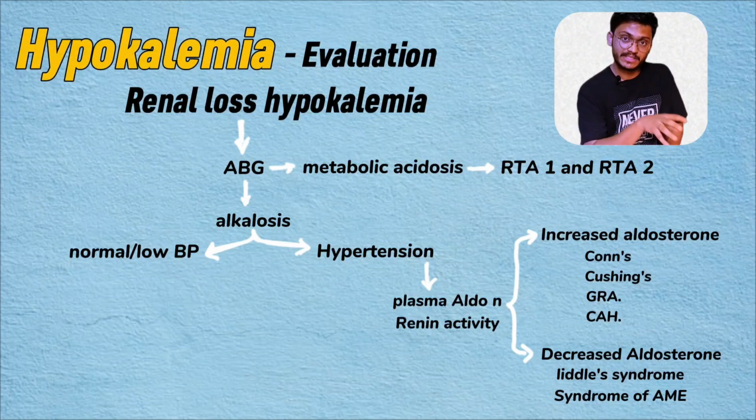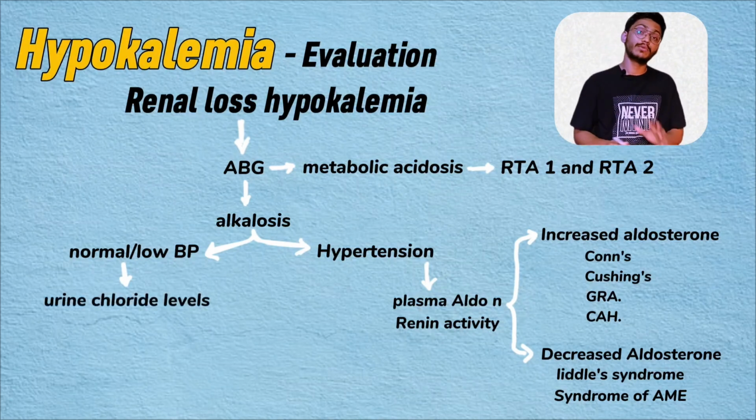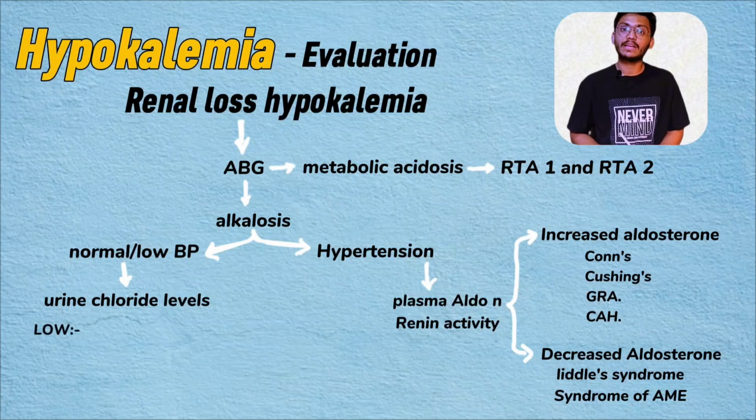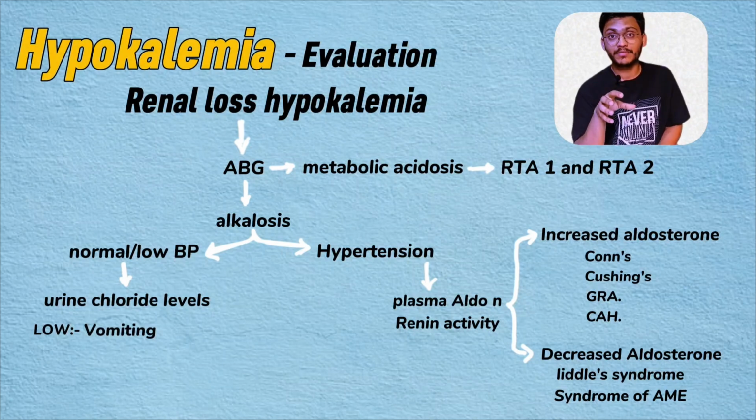If there is decreased or normal BP, then the next step is measurement of urine chloride. If the urine chloride levels are low, then it is a case of vomiting leading to hypokalemia, because with vomiting there is loss of hydrochloric acid, so chloride is excreted in lesser amounts in urine.